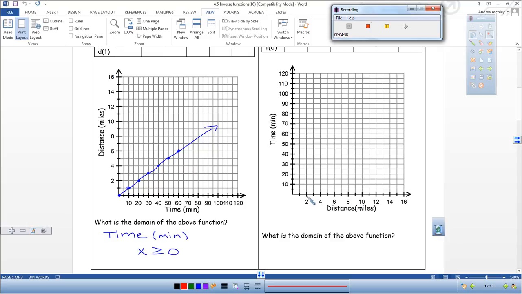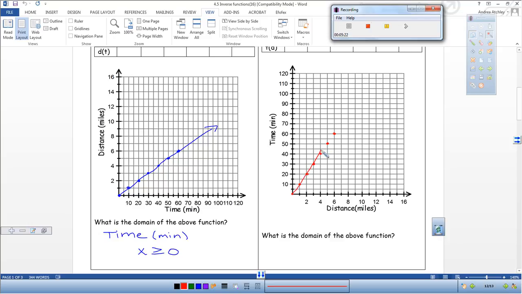Okay, this one, again, we're going to do our ordered pairs. So after 1, we're going 10. 2, we're going 20. 3, we're going 30. 4, we're going 40. 5, we're going 50. 6, we're going 60. Okay? And 0.